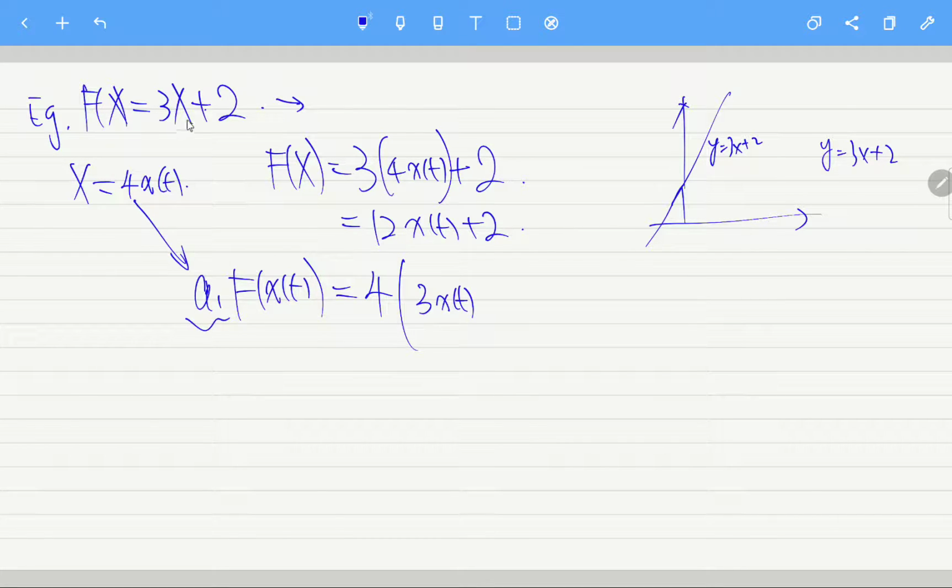So it is 12 x of t plus 8. So they are not the same. So actually, this is not a linear function. This is a nonlinear function.